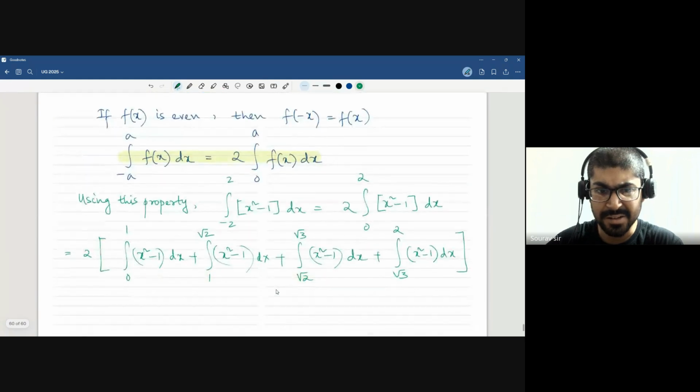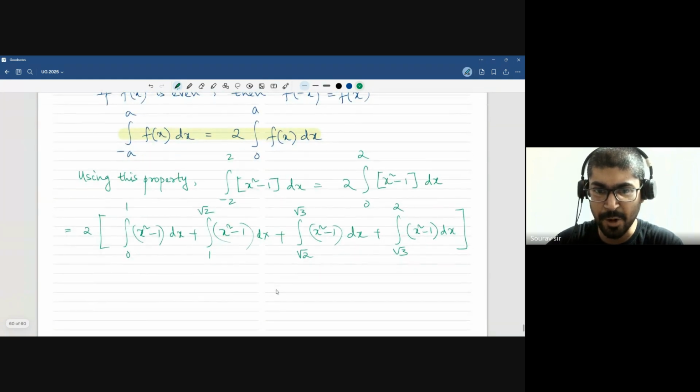What is the answer here? Internal points should start cancelling, right? A few of the points will cancel. Try. So what will be the integrand? The integral will be x cubed by 3 minus x.